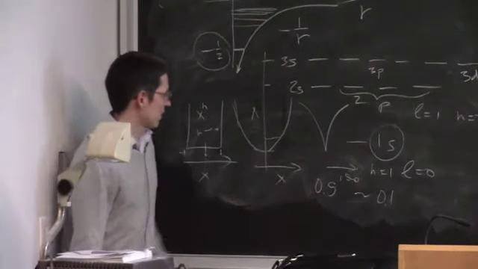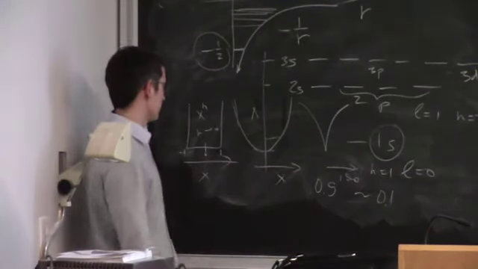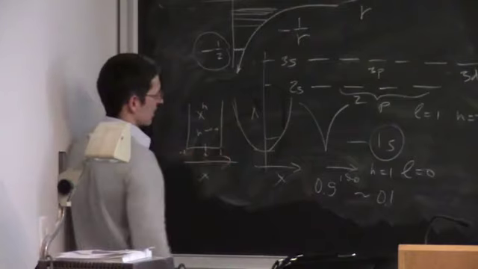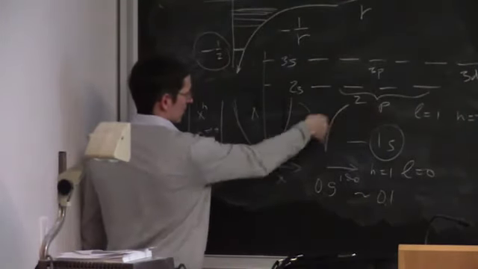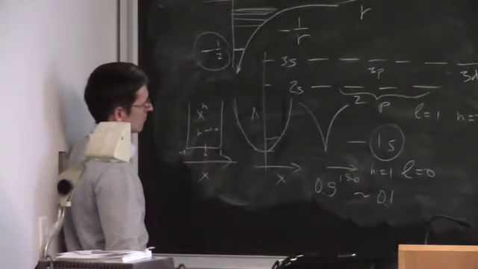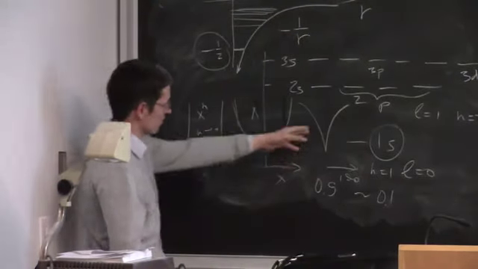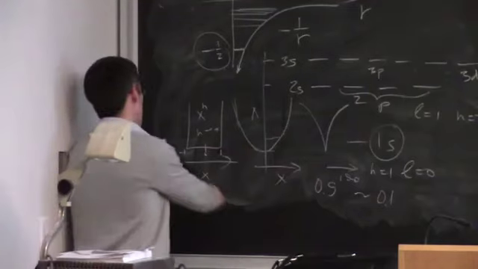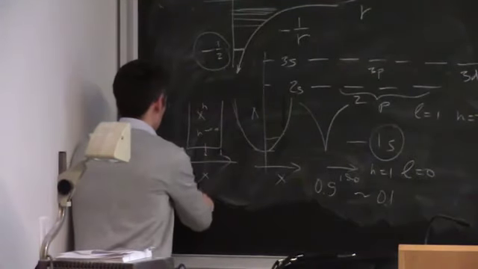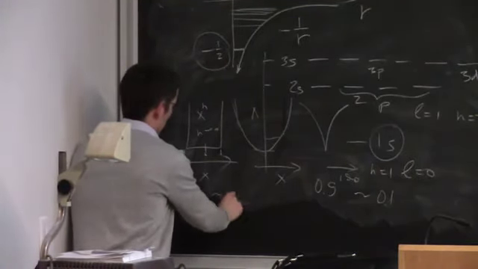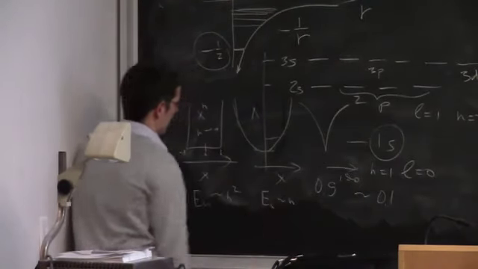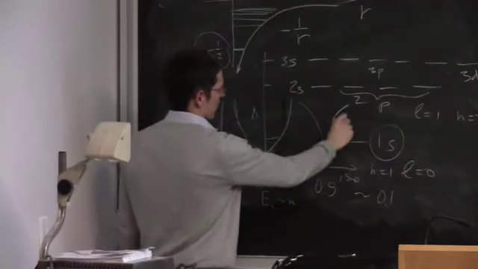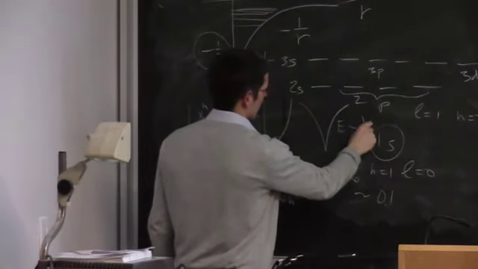But my point here is that this is the most concave potential. This is less, and this was convex, and this was concave, right? So here we have energies that are proportional to n squared. Here energies are proportional to n. And here the energies are proportional to 1 over n squared, right?